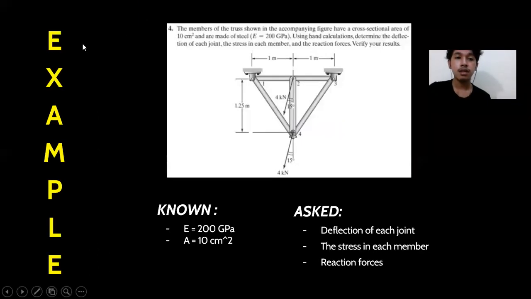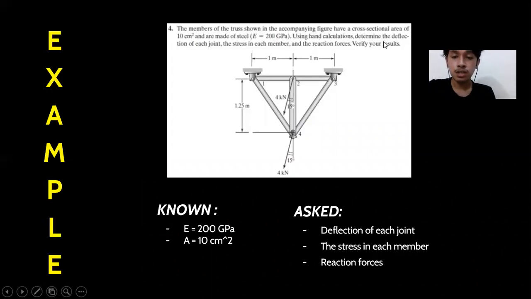And then here is the example of the exercise that was given before that we need to solve using the OpenModelica software. So my group chose number 4 of the exercise, which is: the members of the truss shown in the accompanying figure have a cross-sectional area of 10 centimeters square and are made of steel with the elasticity equal to 200 GPa.